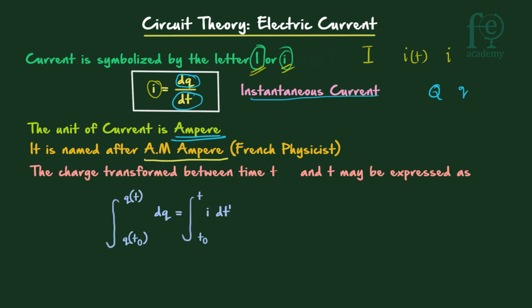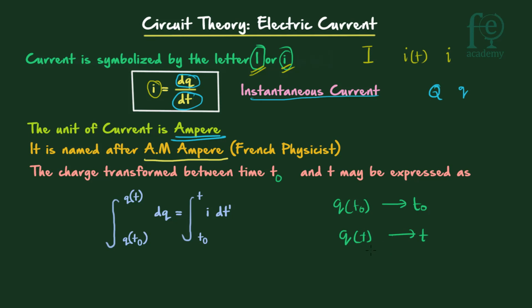Now let us check the charge transfer between time t0 and t. Let us consider that there was a conductor and there was a charge at time t0. Let us say q(t0) be the charge at time t0 and q(t) be the charge at time t.